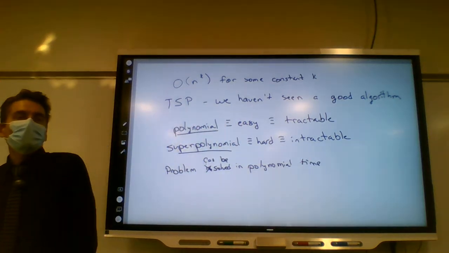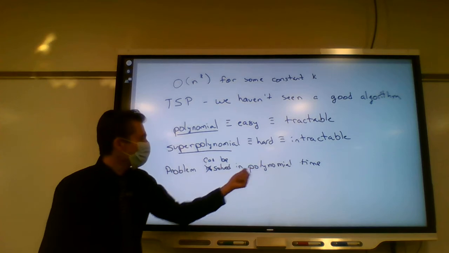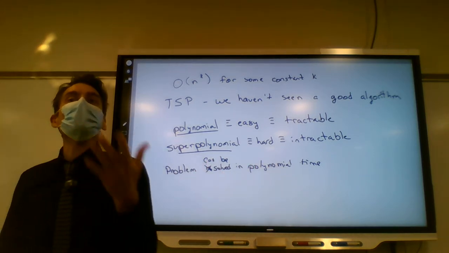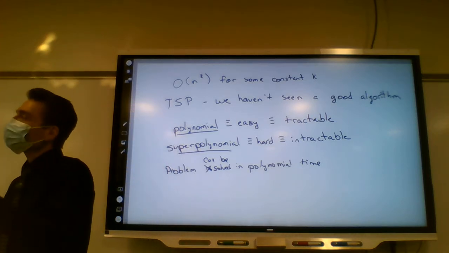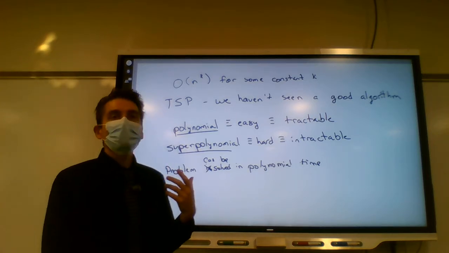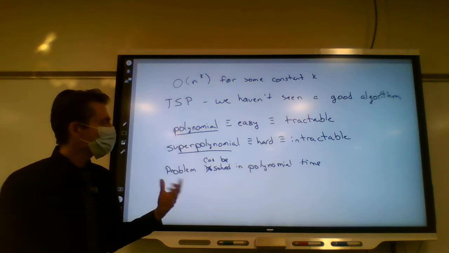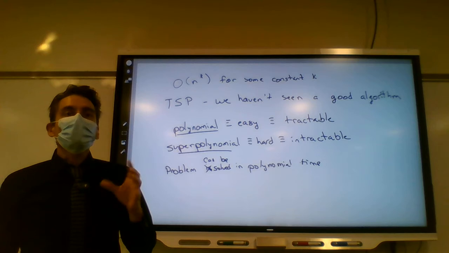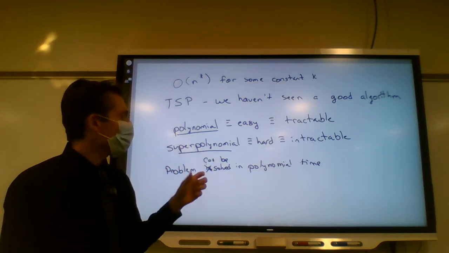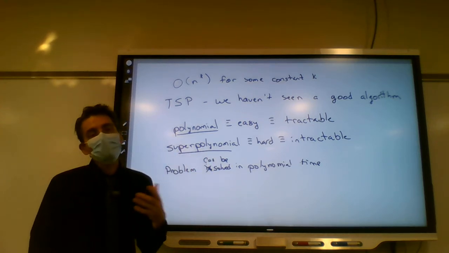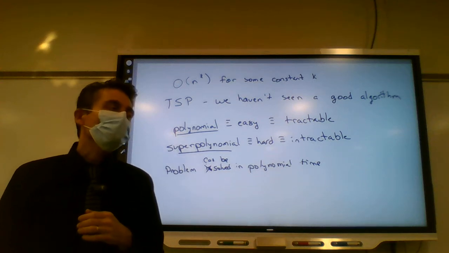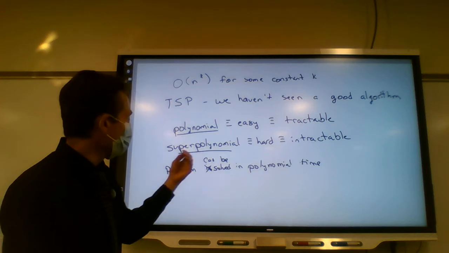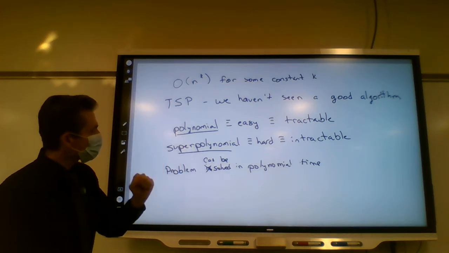All right, so saying a problem is polynomial really means that it can be solved in polynomial time. So that means that there's at least one algorithm that solves that problem in polynomial time. Again, polynomial time in terms of the input, how we're measuring the size of the input has an effect in all this. There's a lot of technical details that we would need to get into if we were going to be proving a lot of real things about this, but we want the conceptual approach right now.